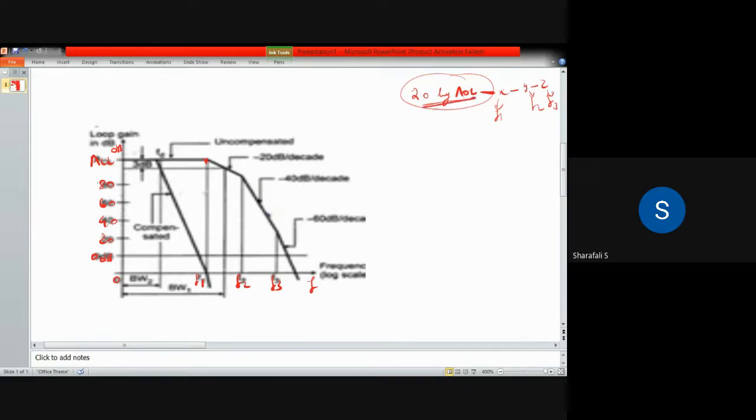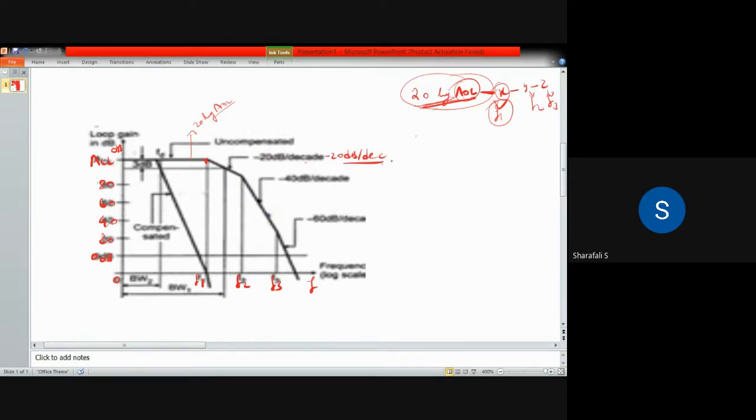So in the first case we have 20 log AOL, the open loop gain is a constant, and we get the constant value, that is this line, 20 log AOL or A0 we can consider. So this is the constant part, and once the first break frequency has been reached, we have a rate of minus 20 dB per decade. This is minus 20 dB per decade, right?